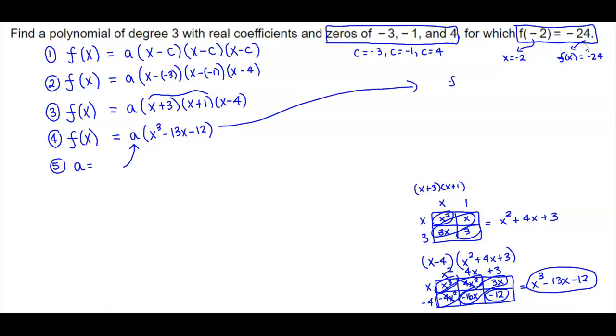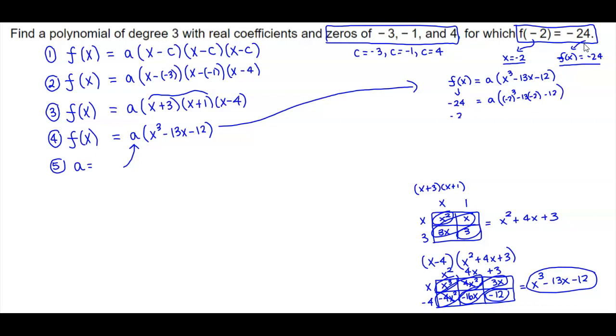We have f of x equals a times x cubed minus 13x minus 12, where f of x is negative 24 and x is negative 2. So we have negative 2 cubed minus 13 times negative 2, and then minus 12.